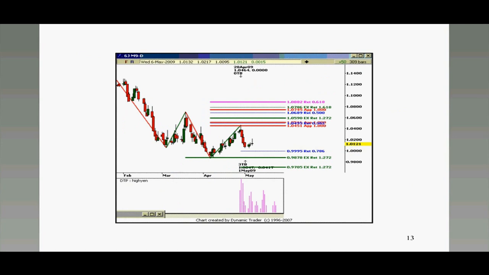clustering of time cycles. So as I was doing the analysis in the yen, the larger pattern was bearish. You're looking at this pattern of lower lows and lower highs. The time projection came in right around the end of April for a possible high as the yen was rallying into it.